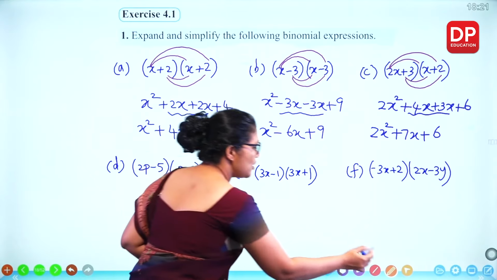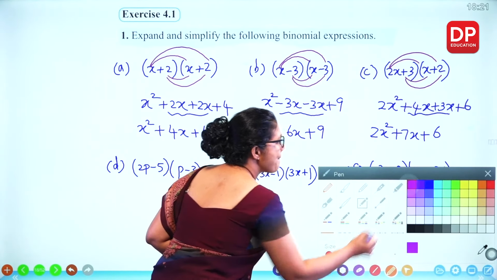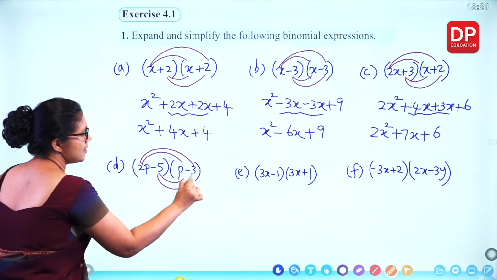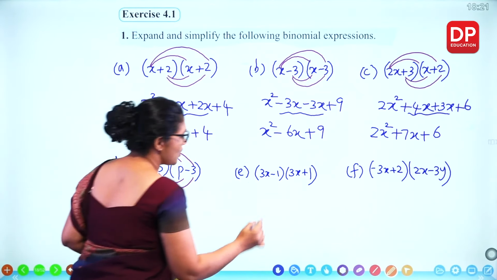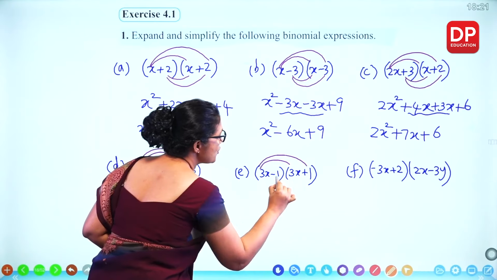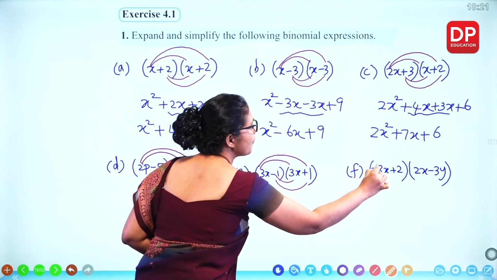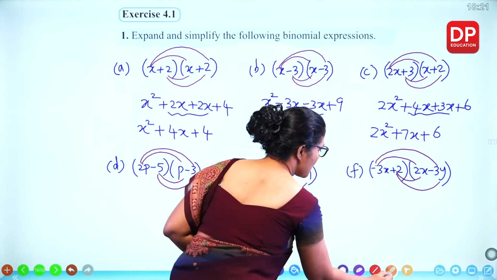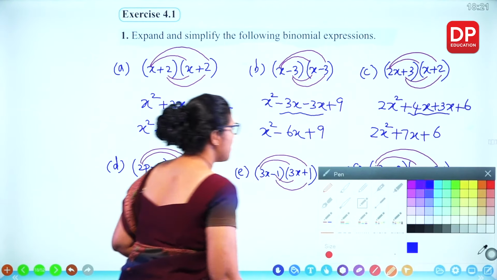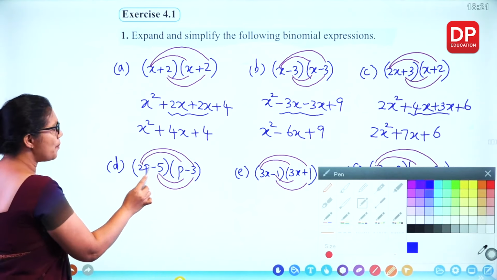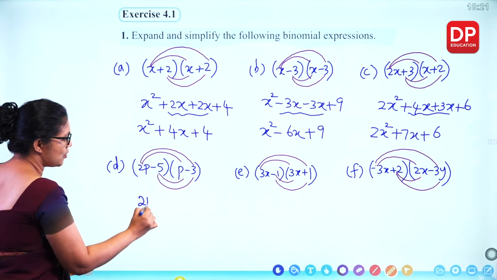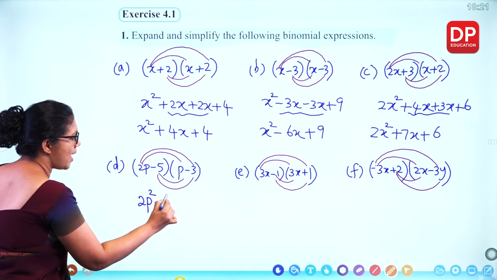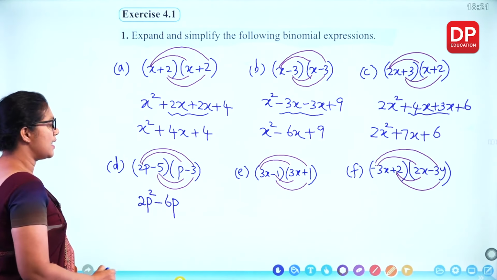Now again you will use the rainbow method. This one with this one with this one. So here I'll draw all rainbows here. Now I can multiply. 2p times p, 2p squared. 2p times minus 3, minus 6p.